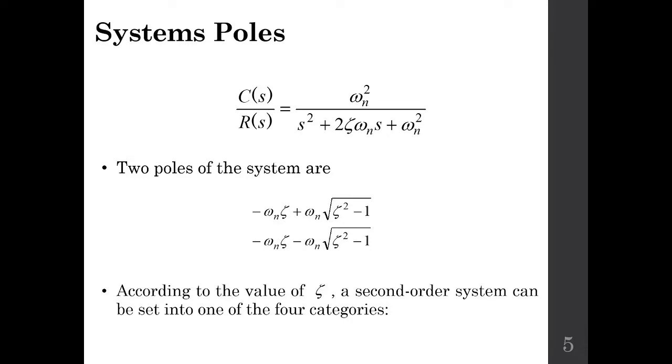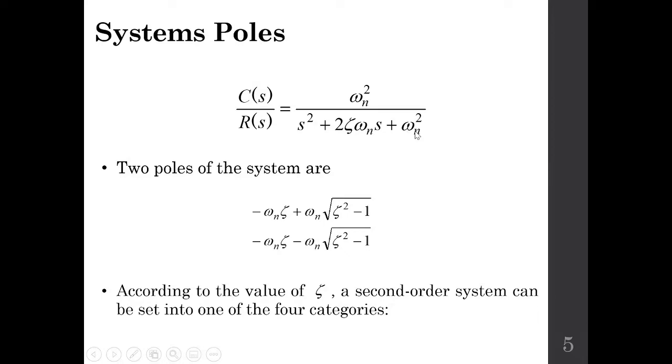Now in the next part we would like to find out the poles of this second order transfer function. The poles are usually found from the denominator of a transfer function. The denominator is s^2 + 2 zeta omega_n s + omega_n^2.